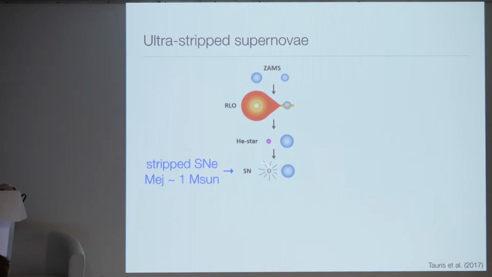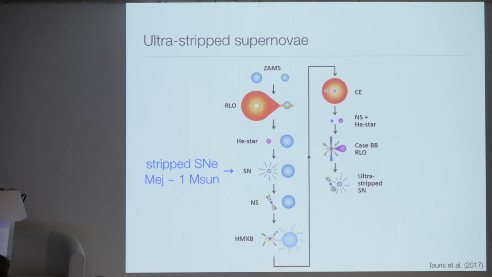But if a neutron star remains in this system after the explosion, more interesting things can happen, and that's what we call ultra-stripping. After this explosion, this star will expand, and some mass will accrete onto the neutron star, and that can be observed as high mass X-ray binaries. Then as the star expands, the neutron star may be taken into the envelope of the second star.